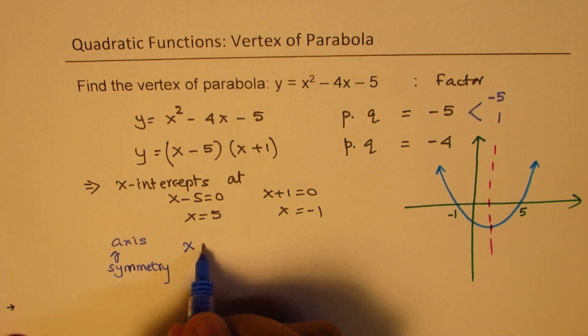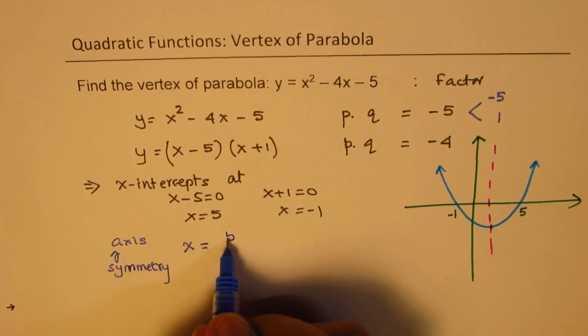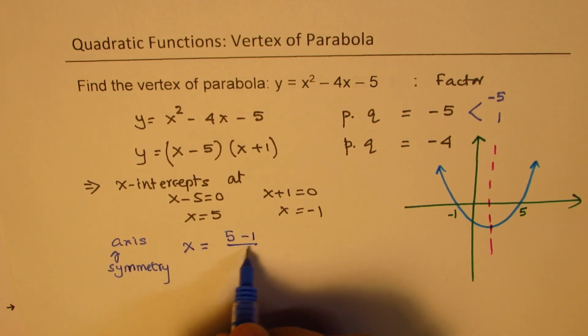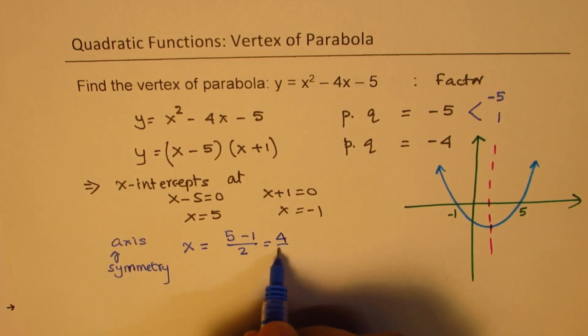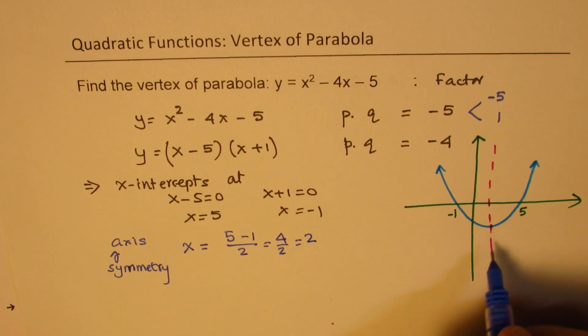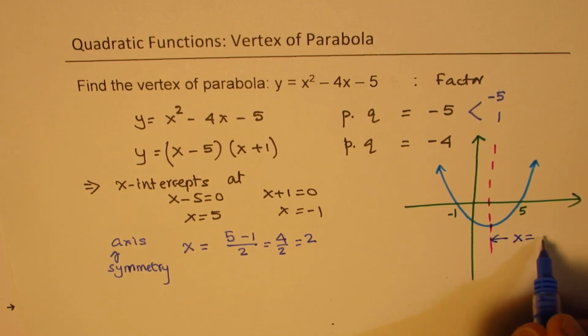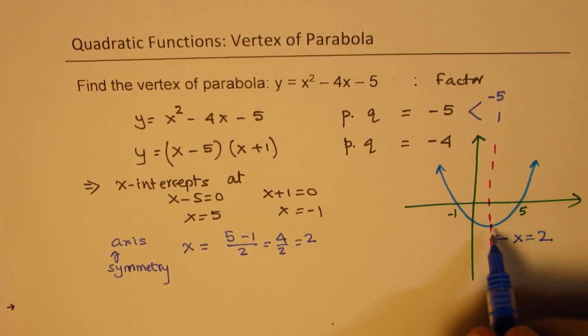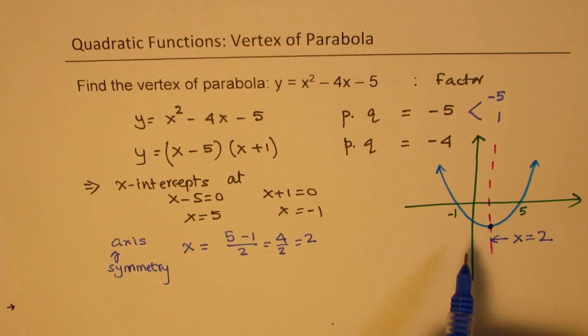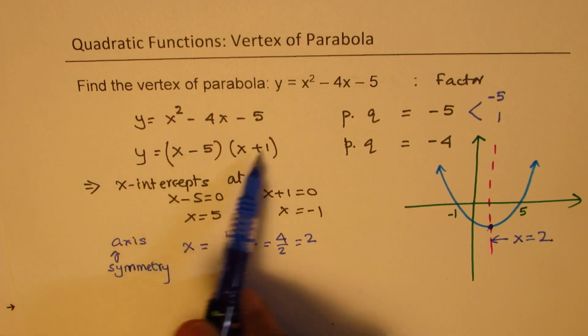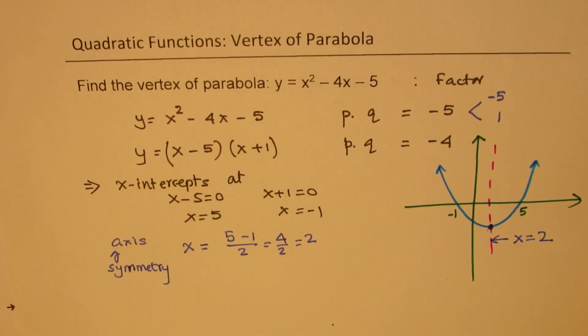We get 5 minus 1 over 2, which is 4 over 2, or it is at 2. So this axis is at x equals 2, right? So the vertex lies on the axis itself. So to find the y value, we'll substitute 2 in our equation. Is that clear to you, right? So that is the concept.